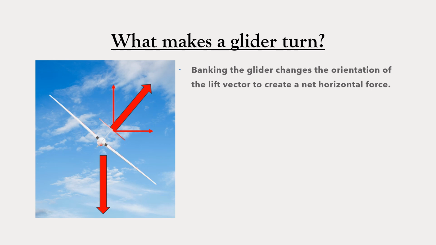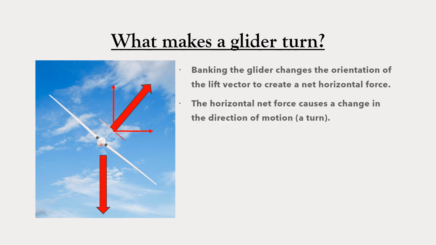So it has a vertical and a horizontal component now, illustrated by these thin arrows. The horizontal component of that lift vector is what causes the aircraft to change direction. Its flight path gets diverted toward the right.